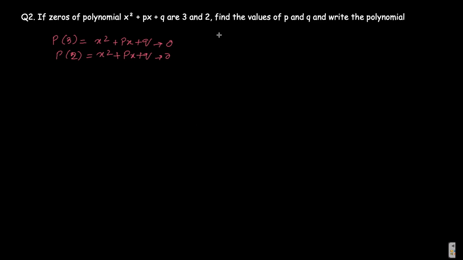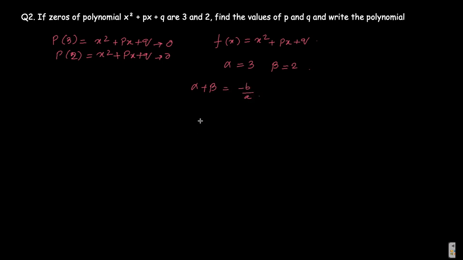That means if we write f(x) is equal to x square plus px plus q, and alpha is equal to 3 and beta is equal to 2, then we can say this is satisfied, because 3 and 2 are the zeros of this polynomial. Now alpha plus beta is equal to minus b by a.